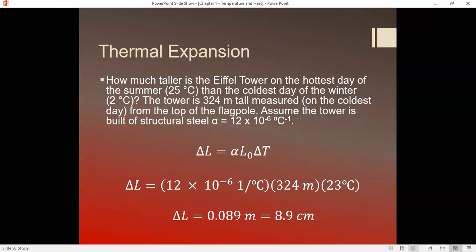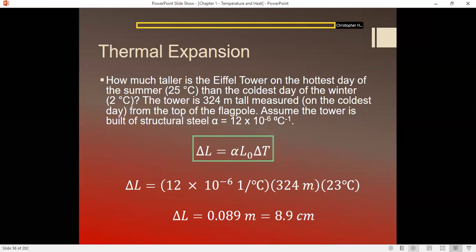Okay, let's take a look at an example. This is similar to some of the homework problems, similar to perhaps a test problem that you might have. And there's our equation for linear thermal expansion. We say it's linear because the objects that we're talking about here are very long or tall compared to their other dimensions. We're trying to see how much longer they will become.